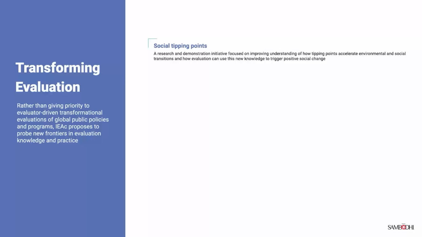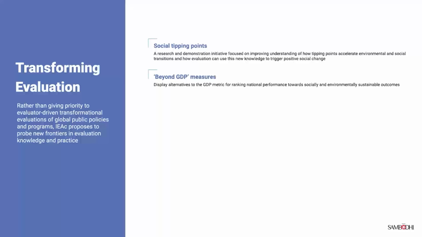This includes Social Tipping Points, which is a research and demonstration initiative focused on improving understanding of how tipping points accelerate environmental and social transitions, and how evaluation can use this new knowledge to trigger positive social change.